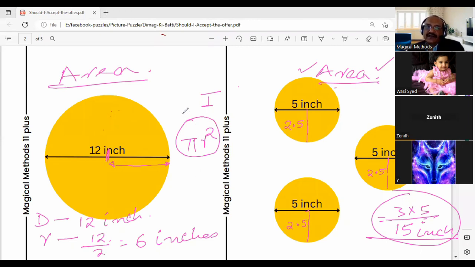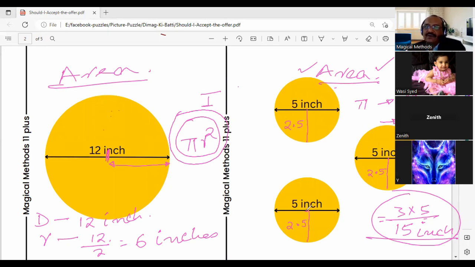So how do we find out the area of a pizza which has been delivered to us? Pi times r square. What is the value of pi? Pi is given by 22 over 7 or it can be given by 3.14. If you divide 22 by 7, you will get this value. So this is how you will find out the area of a pizza. So let's try and find out the area of the big pizza and the area of these 3 small pizzas.